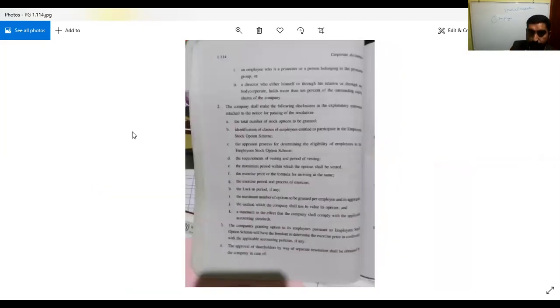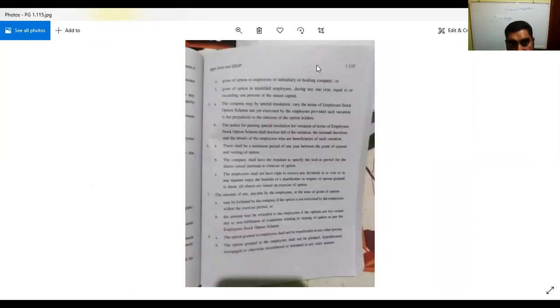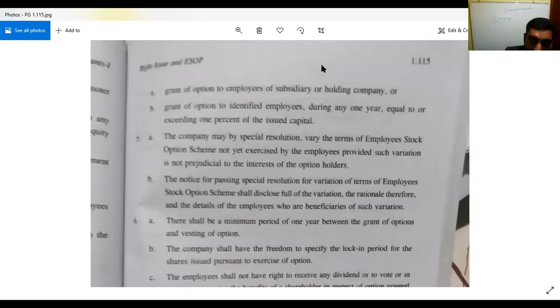How it is? Approval of the shareholder by way of a special resolution shall be obtained by the company in case of what? A grant of option to the employees of the subsidiary or holding company.